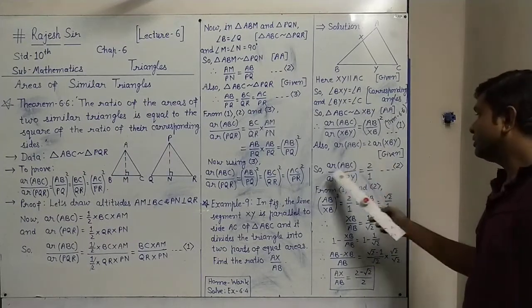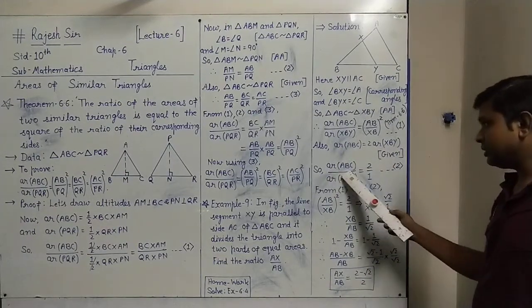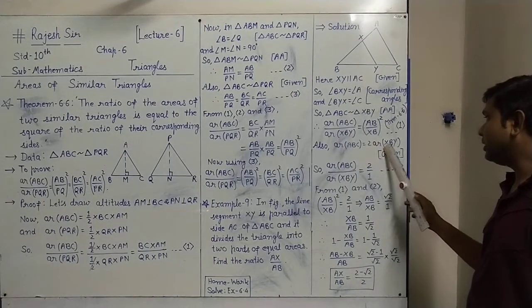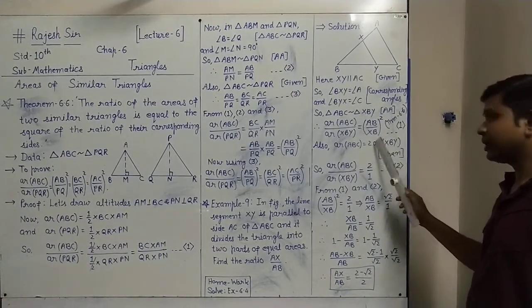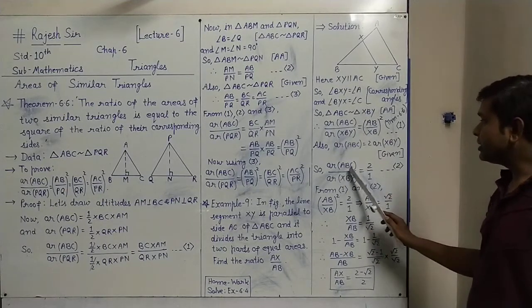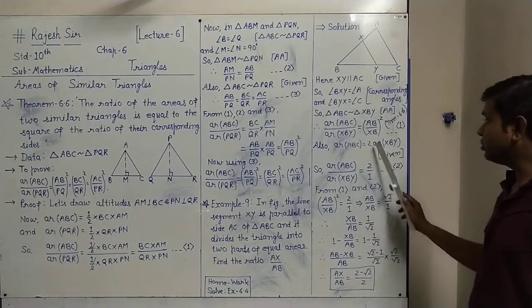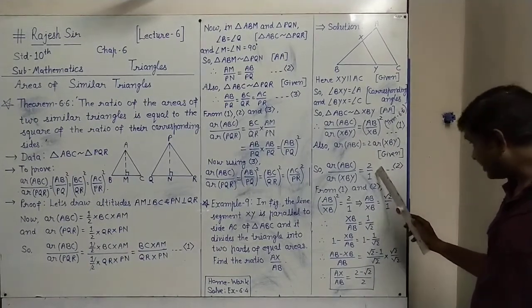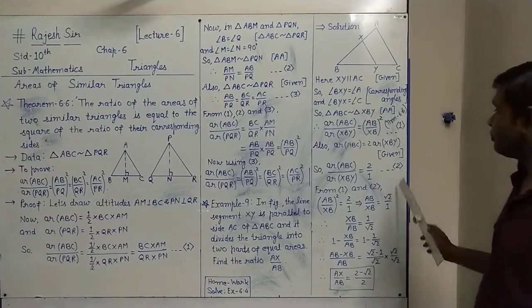From here, the area of triangle ABC, as we have written, and this divided by the area of triangle XBY, you can take down here. So area of triangle ABC upon area of triangle XBY equals 2, and that upon 1 we can write. Say this as result 2.